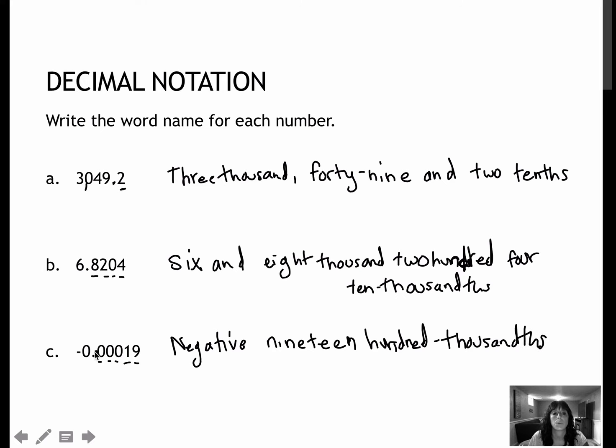Now notice on this one, I didn't write the "and" and I didn't have to write the "and" because I didn't have anything to the left of the decimal, whereas on example B, I had a number to the left of the decimal, so I had to write "and" there. So on this example where I didn't have anything to the left, you just go straight into that last part where you're writing the number and whatever the place value is.